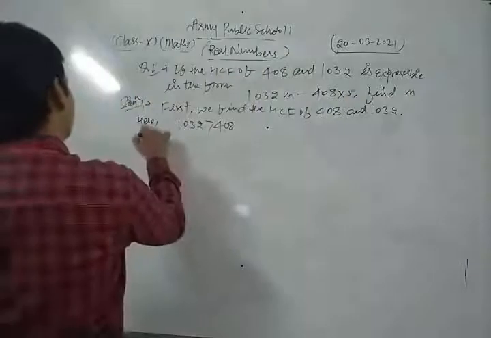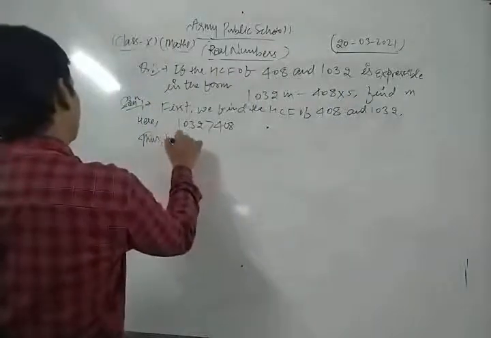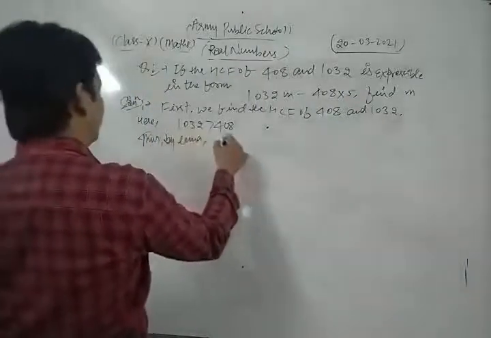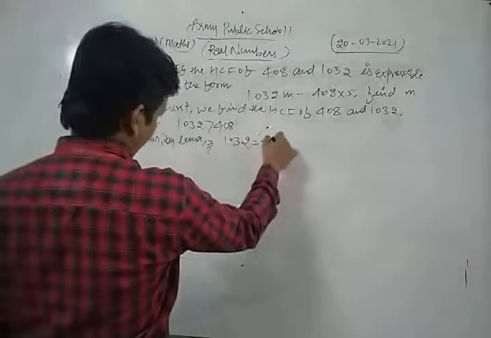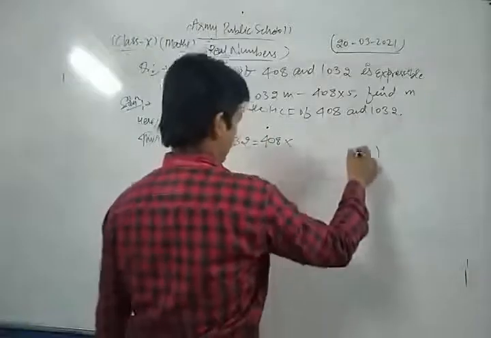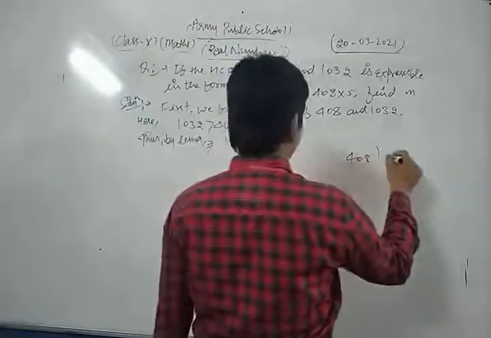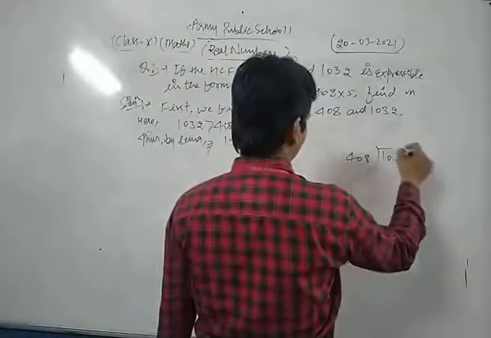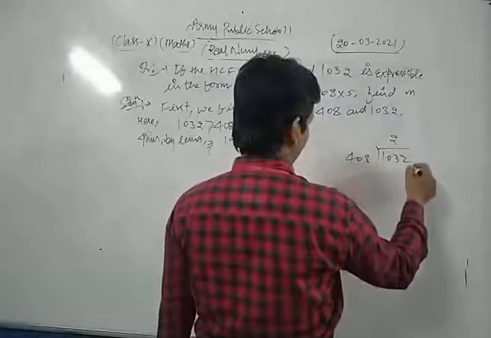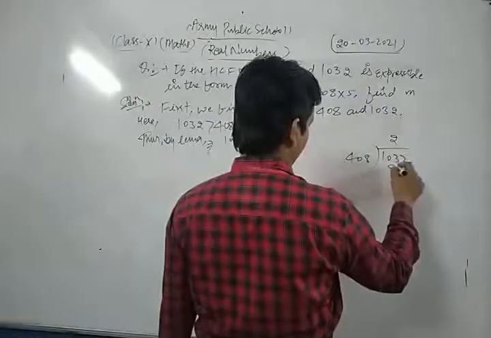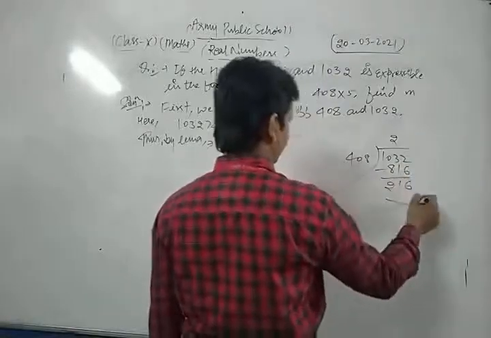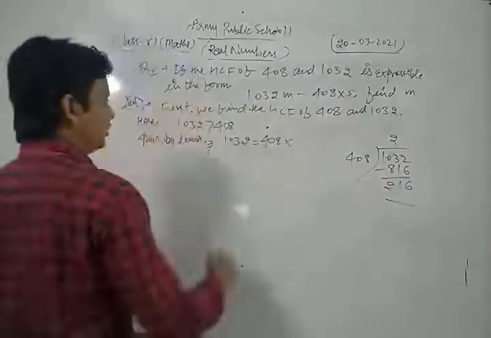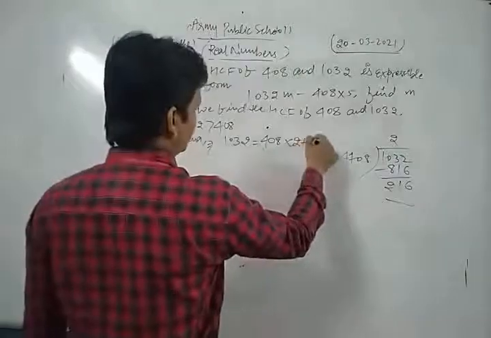Thus by the lemma we get 1032 is equal to 408 into 2 plus 216.